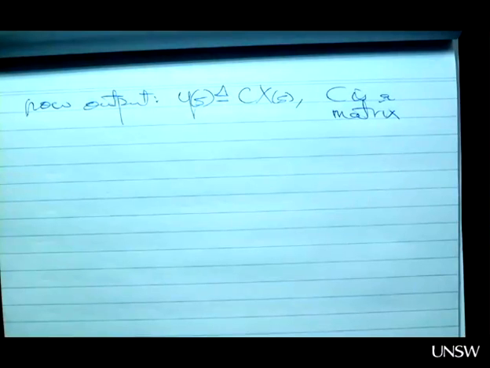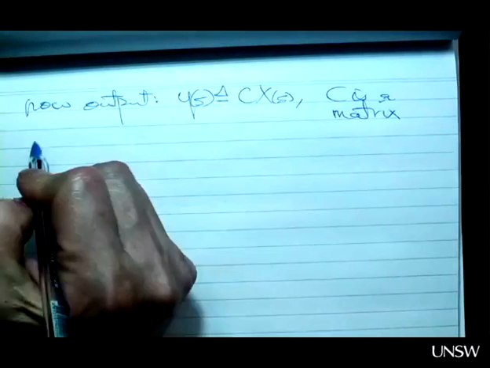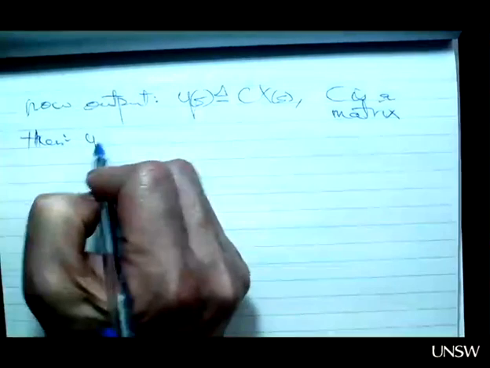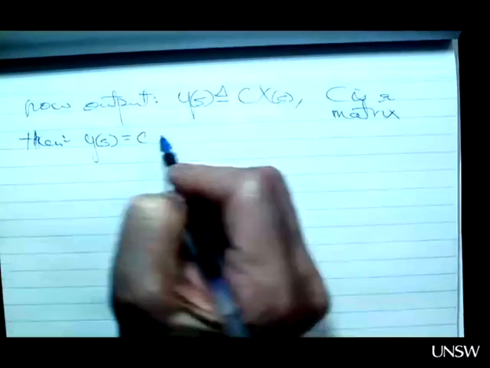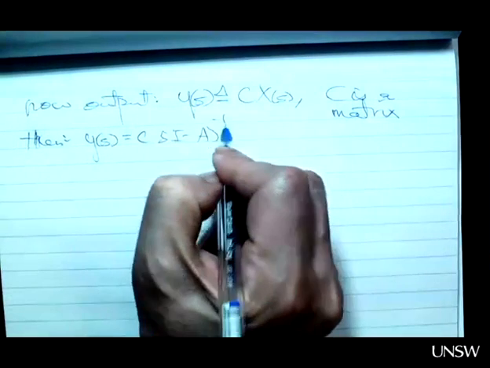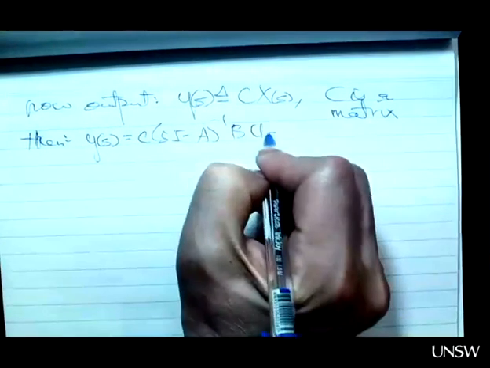Then we have Y(s) equals C (sI minus A) inverse B U(s).